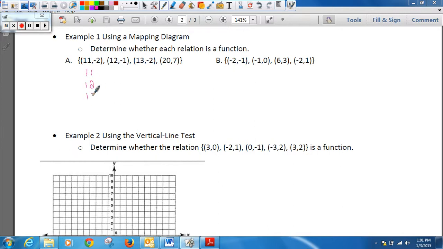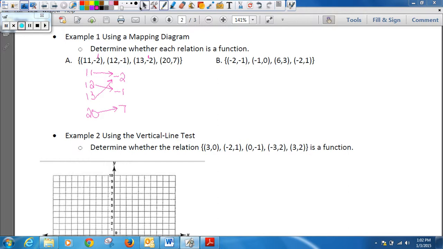My outputs are -2, -1, and 7. And if you notice, I have 2 -2's as my output. You only write it once. Now I go ahead and connect them with arrows. 11 goes to -2, 12 goes to -1, 13 goes to -2, and 20 goes to 7.